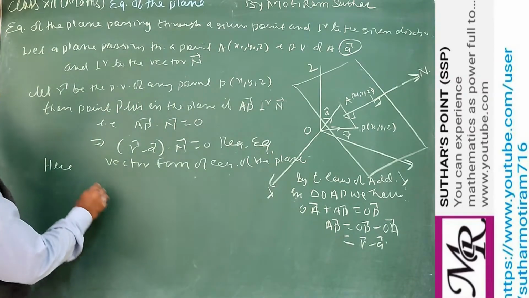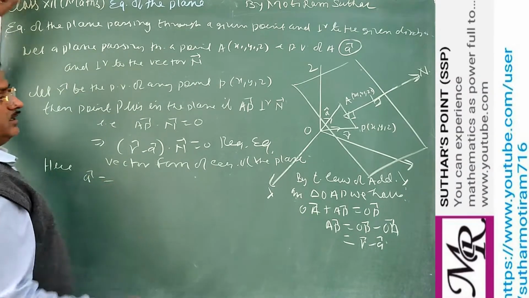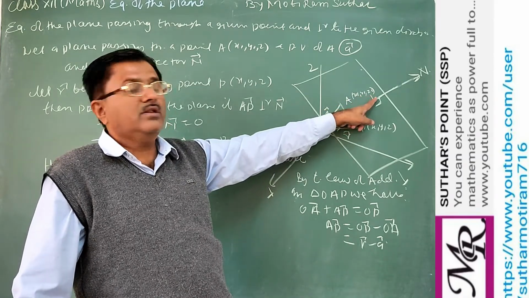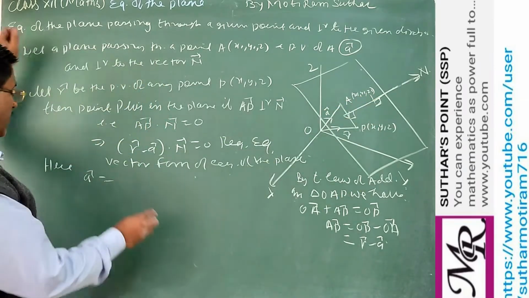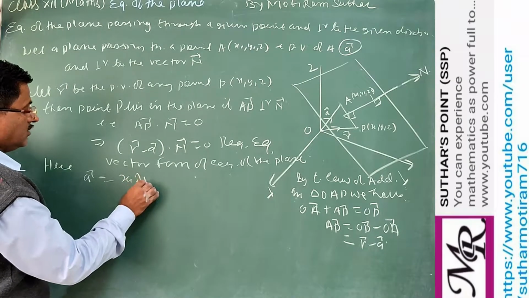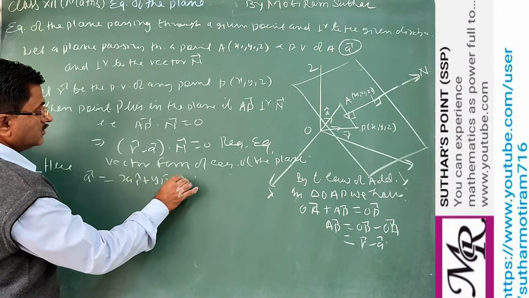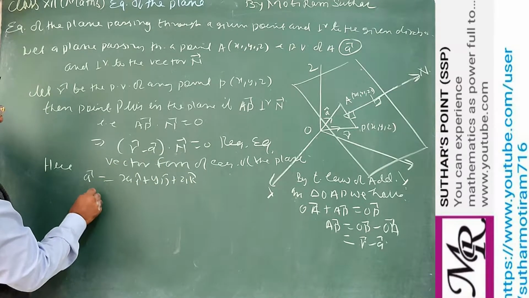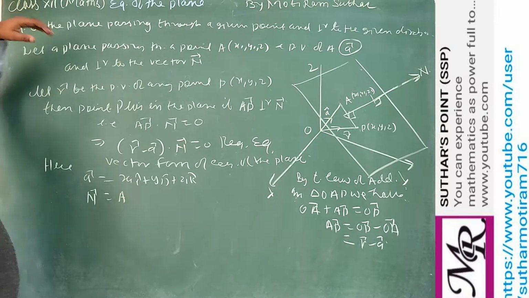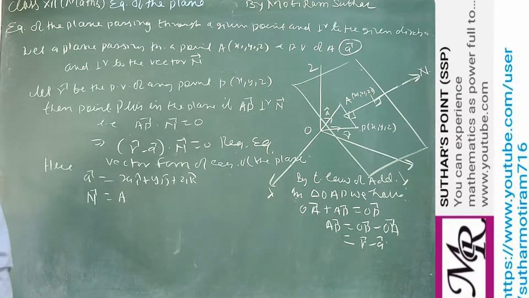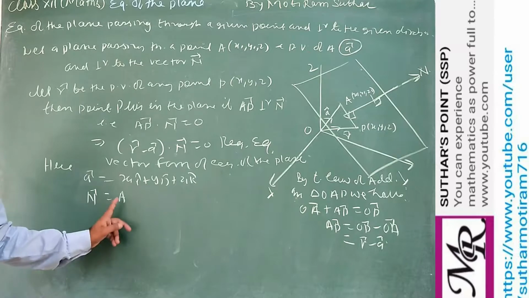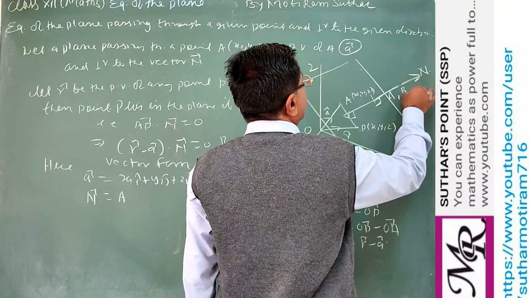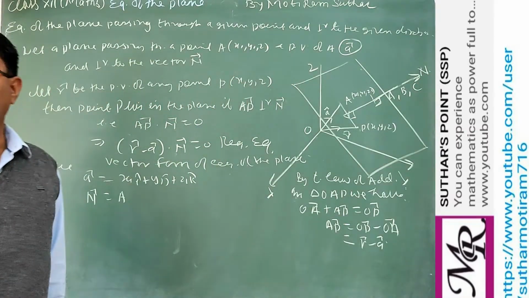Here vector a can be written with coordinates x1, y1, z1, so you may write x1 i, y1 j, z1 k. And for the normal vector n, you may say capital A, B, C are the direction ratios of the vector n.